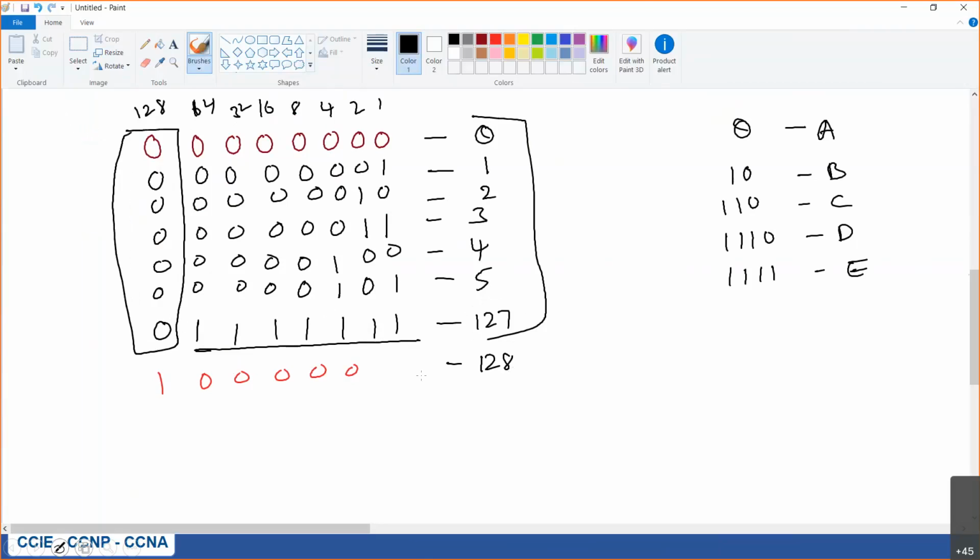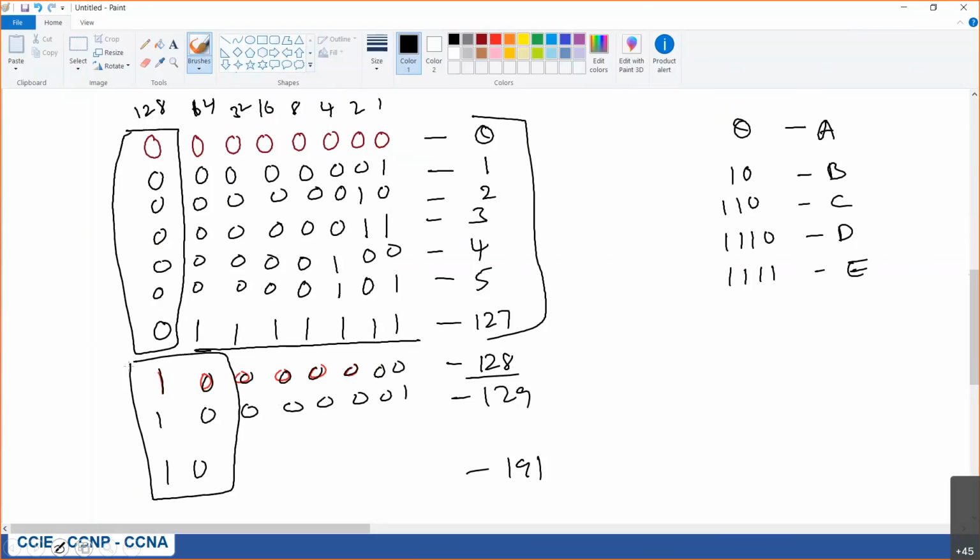For 128, how can we write it? 1 0 0 0 0 0 0 0. How can we write 129? 1 0 0 0 0 0 0 1. Up to 191, 10 is common. No changes here. We will change at 192.